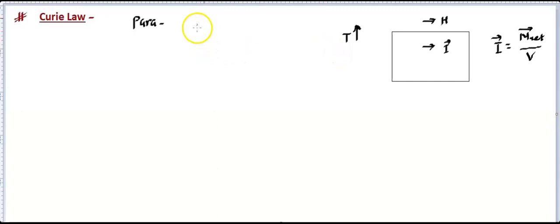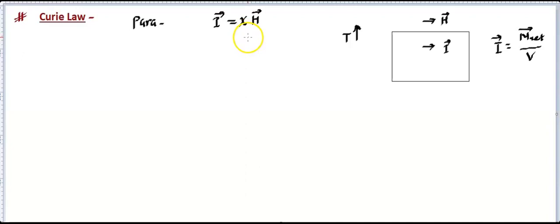For paramagnetic material, we already know I is proportional to, or we can simply write, I is equal to the susceptibility times H. H is the field that you have applied, and in a nutshell I will decrease. This I decreases because of the decrease in the susceptibility, chi.